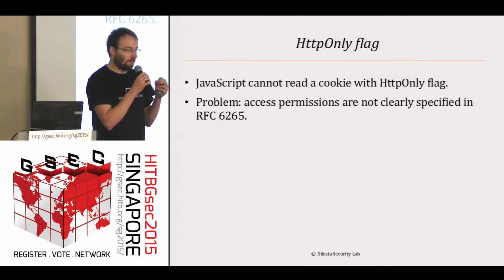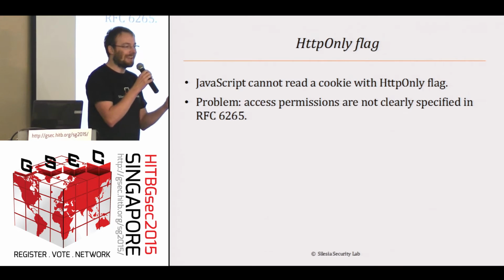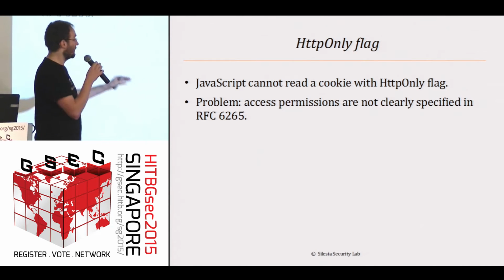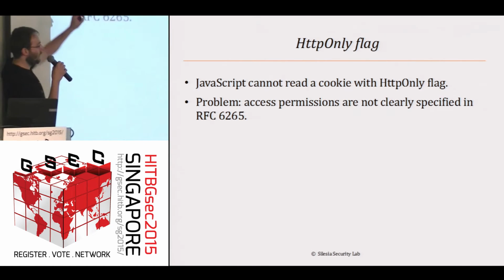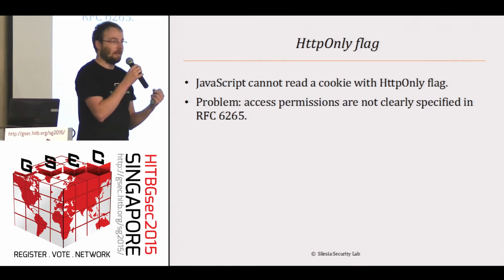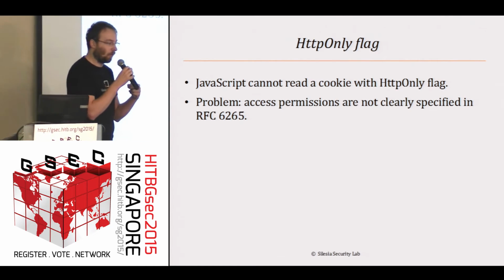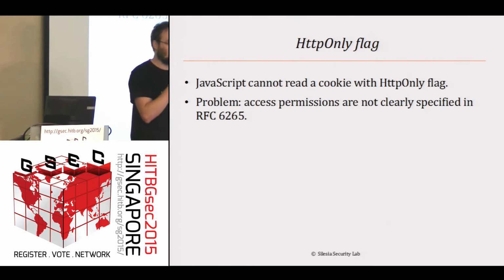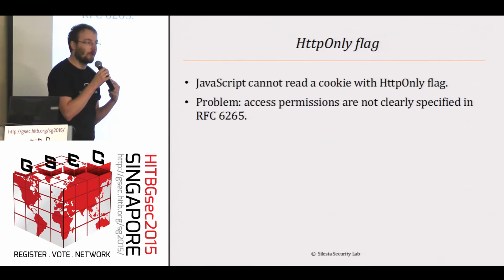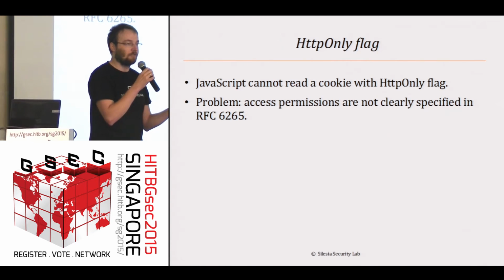The point about this HTTP-only flag, or the restriction, is that non-HTTP APIs, well, as written here, JavaScript cannot read this cookie. So this is about reading. It says clearly that it cannot read. So we have a reading restriction. What about overwriting? This is the question. And this is what I mean by access permissions not being clearly specified.